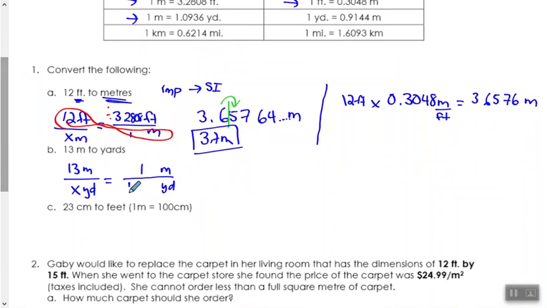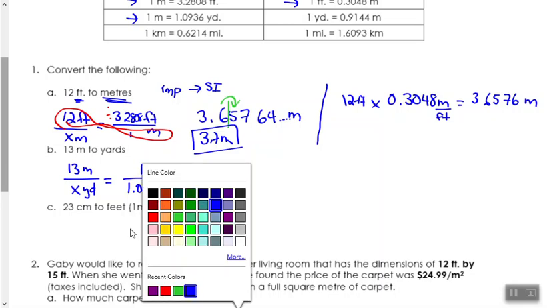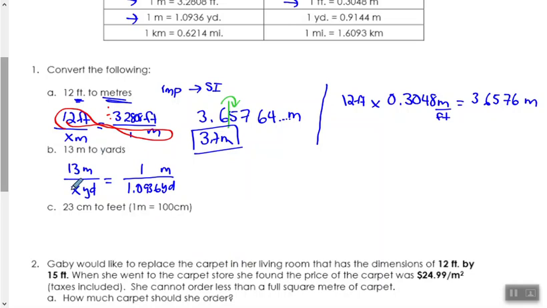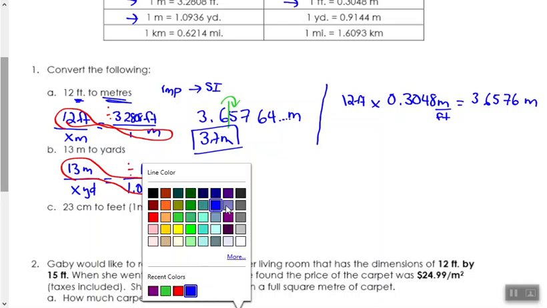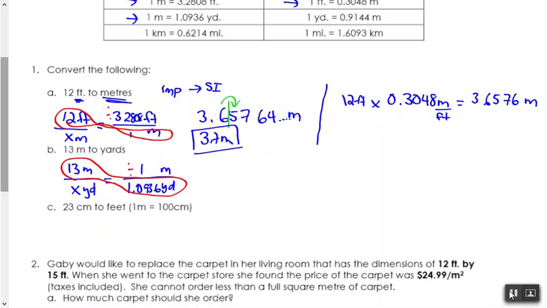So 1 meter is 1.0936 yards. So solving our proportion, solving for this one, so we'll divide by that, multiply across, and doing your calculation.